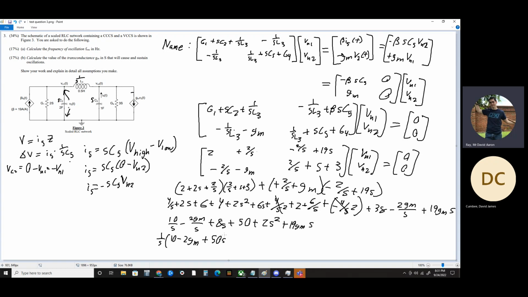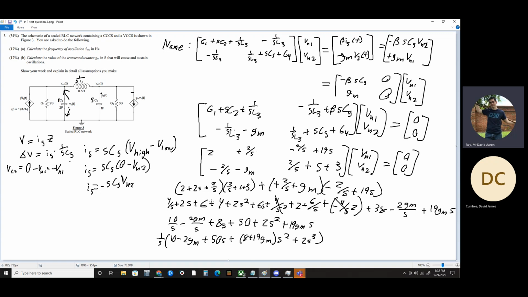It's just raising everything in S, or multiplying everything by an S. So 50 times S plus 8 plus 19 GM S squared plus 2S cubed. And this is the proper way to go about the answer, because if you went with this one, then it would have gone weird.